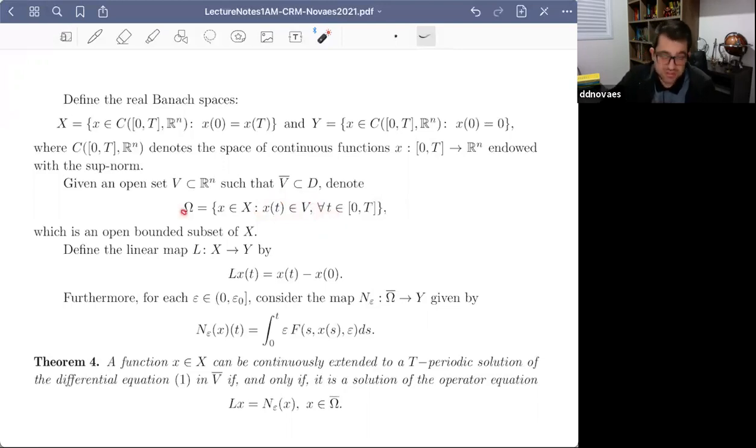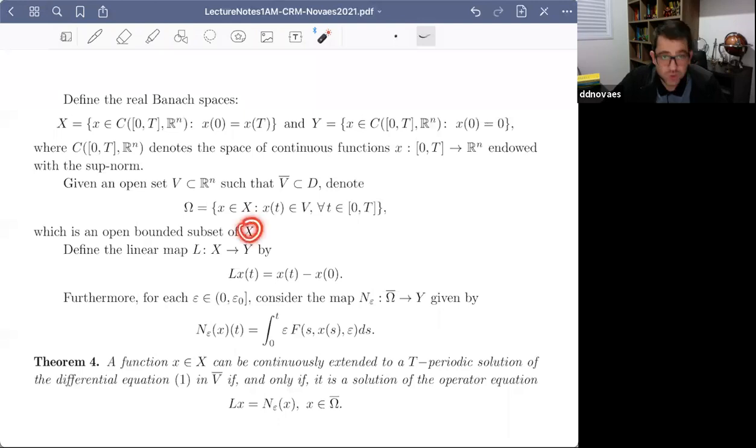So this is the set of continuous functions such that x of 0 is equal to x of T, and such that x of t is in V for every t between 0 and capital T. It can be seen to be an open bounded subset of capital X.